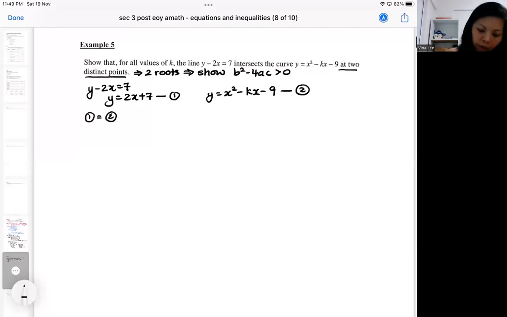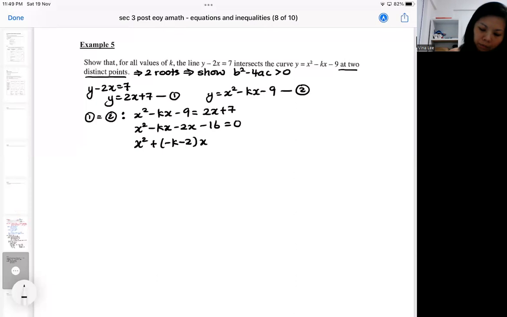If there is a straight line and a curve, it will come from simultaneous equations.